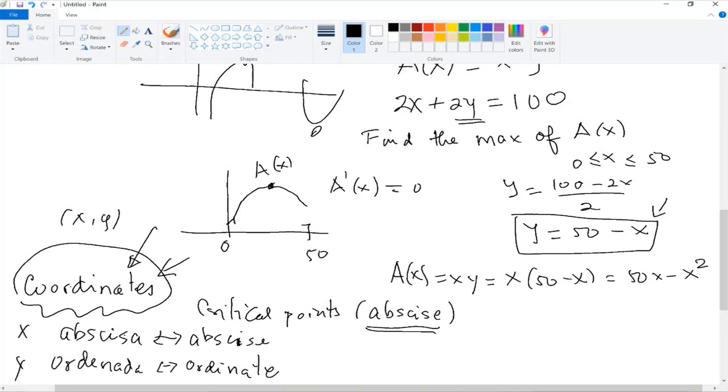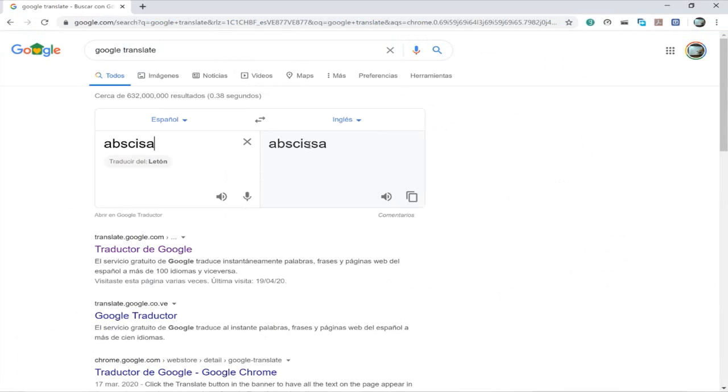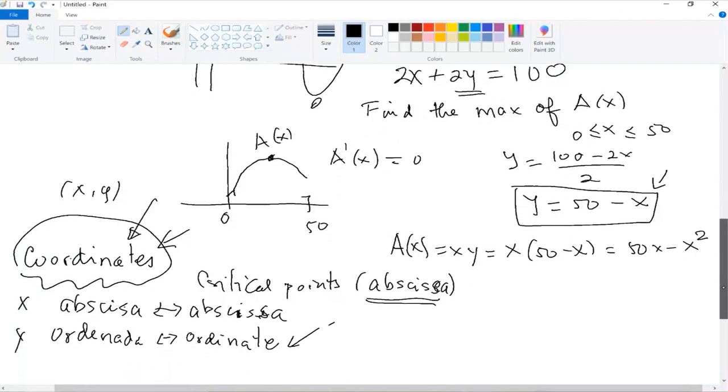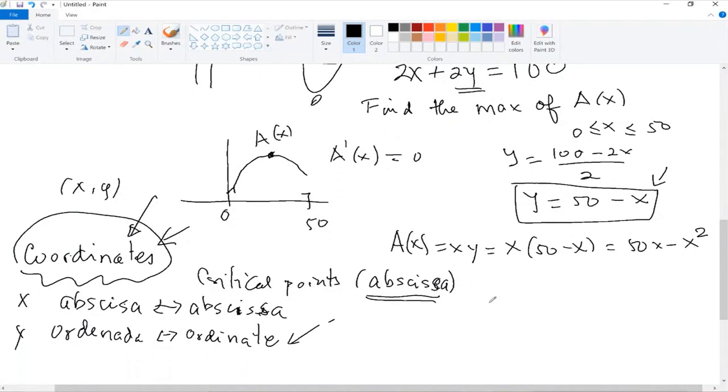Ordenada. Let's see. Almost the same, huh? With double S. Ordinate. Yes, the x and the y.